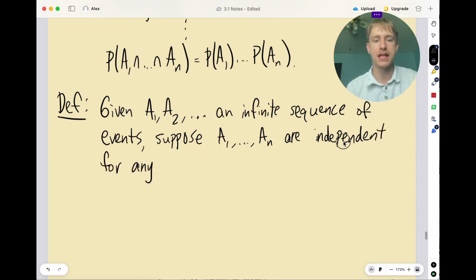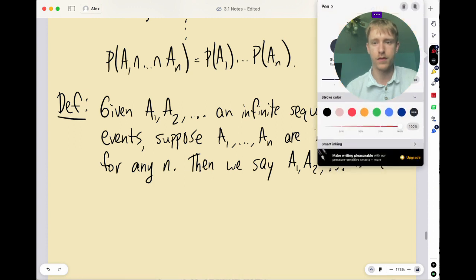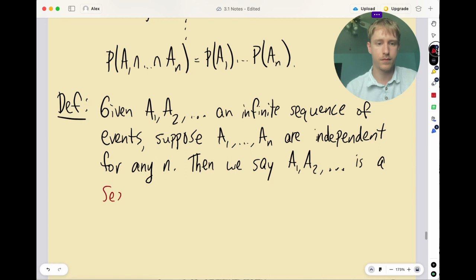N could be 1,000,000, and these would all still be independent. Then we say that A1, A2, etc. is a sequence of independent events.